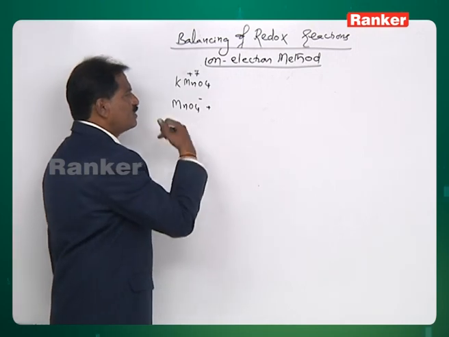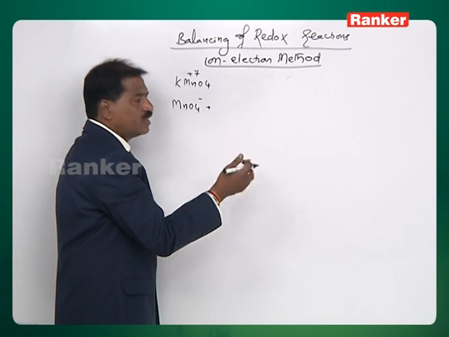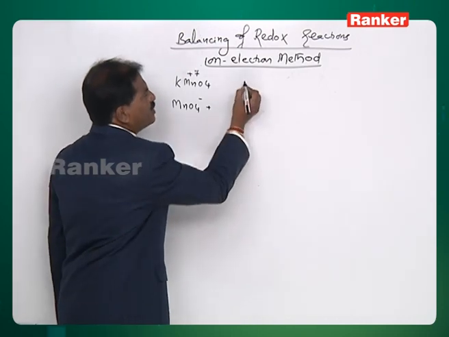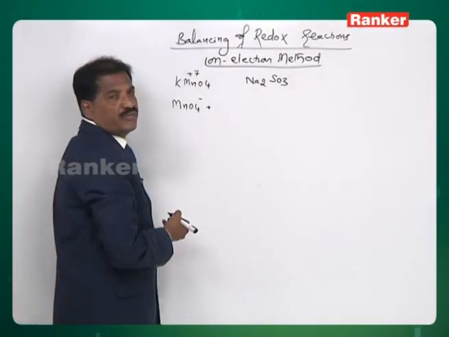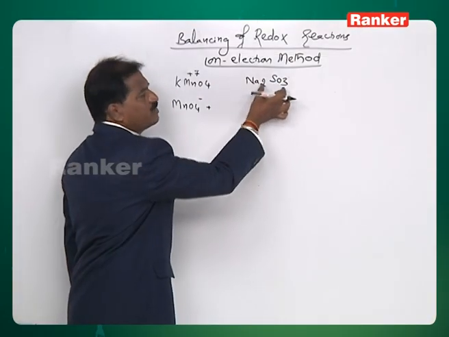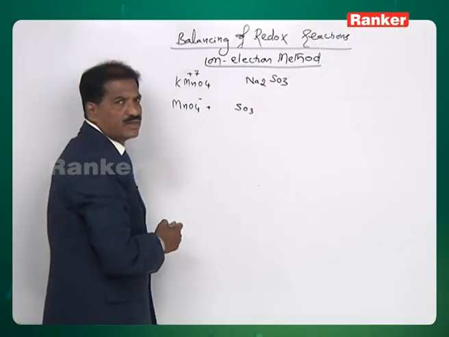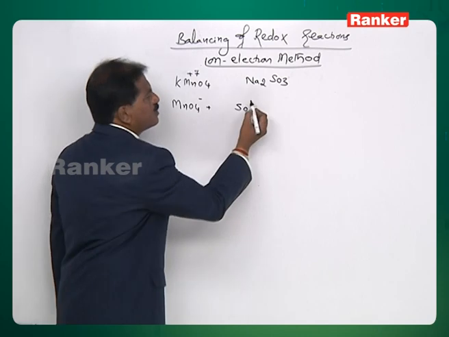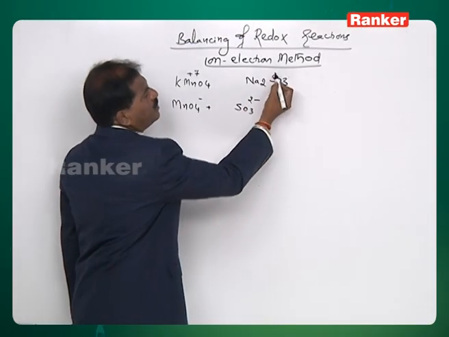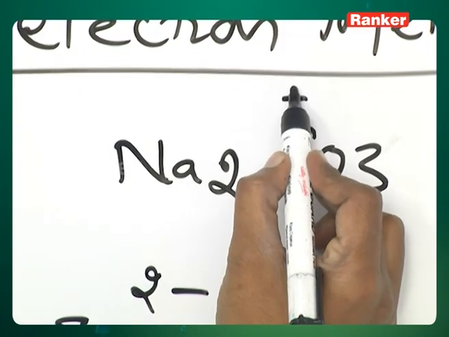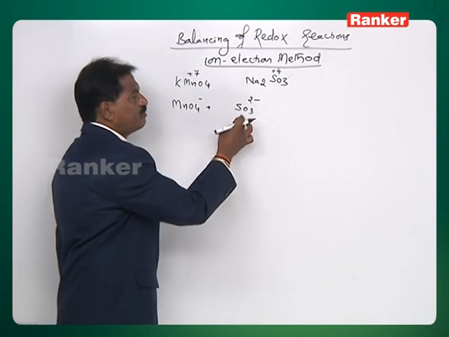Next, let us say we have taken some other species, sodium sulfite. When sodium sulfite is used in any reaction, first it will split into sodium ions and sulfite ions. Those sulfite ions will act as the electron suppliers. Sulfite means SO3 2-. If you observe the oxidation state of sulfur here, it is +4.